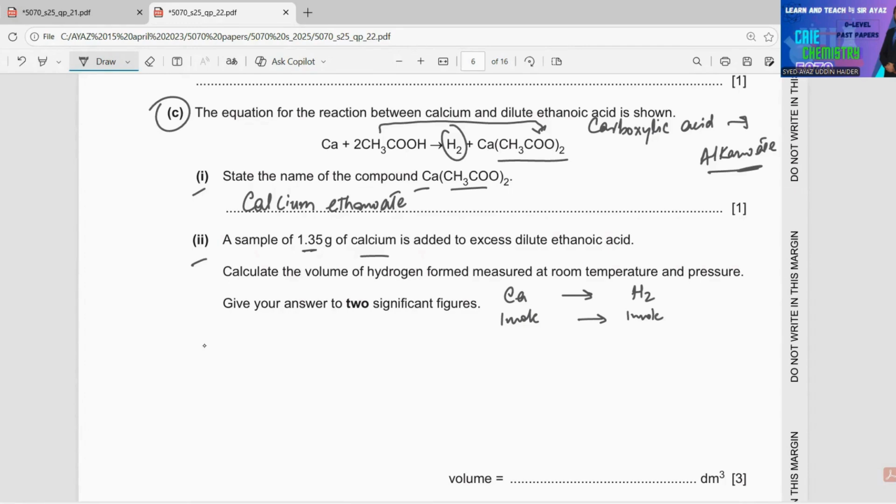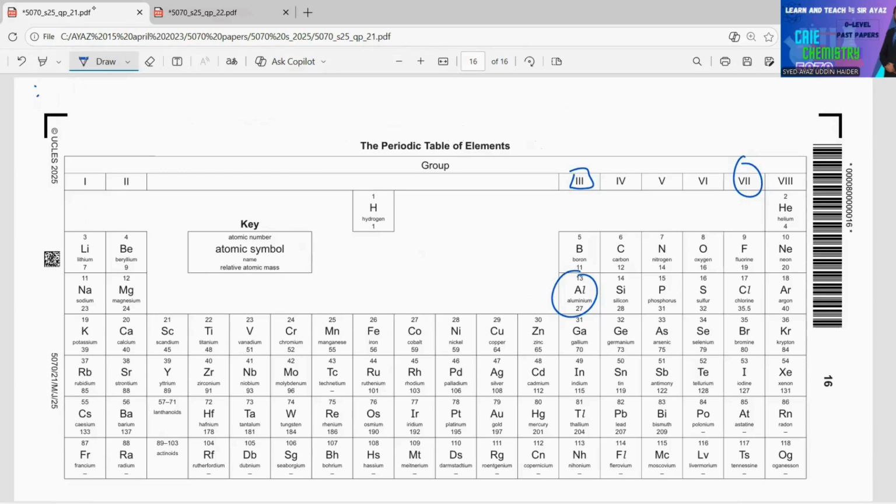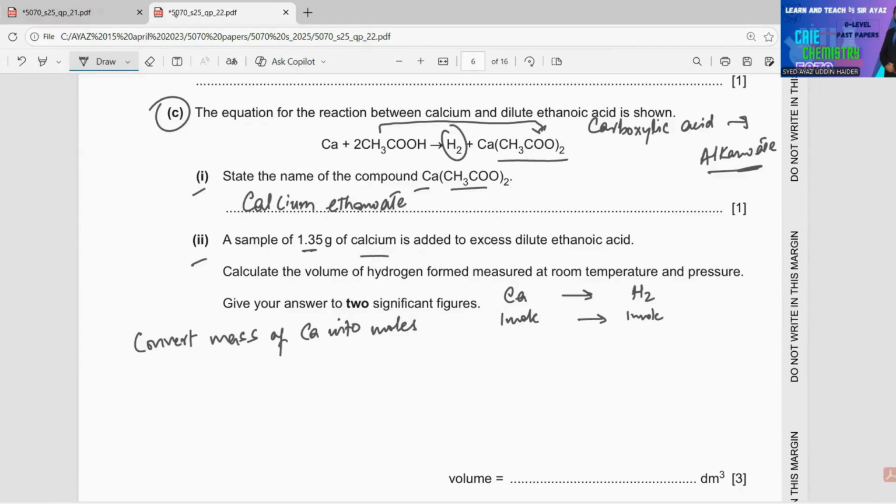So first of all, I'm going to convert mass of calcium into moles. You know the formula? Mass divided by Ar. Here's calcium, 40 will be taken as its mass. So 1.35 divided by 40. What we will get? We will get 0.03375 moles.